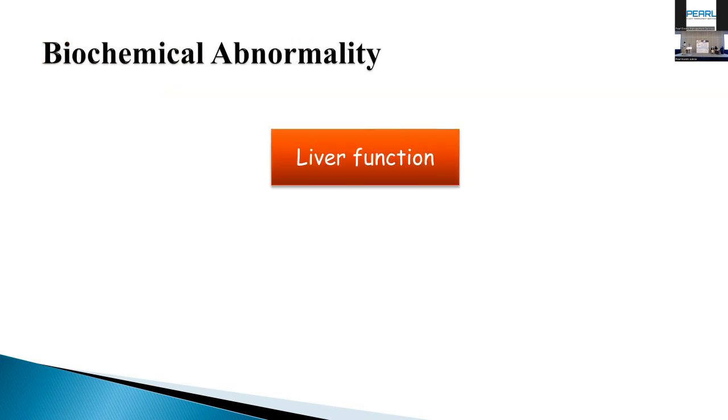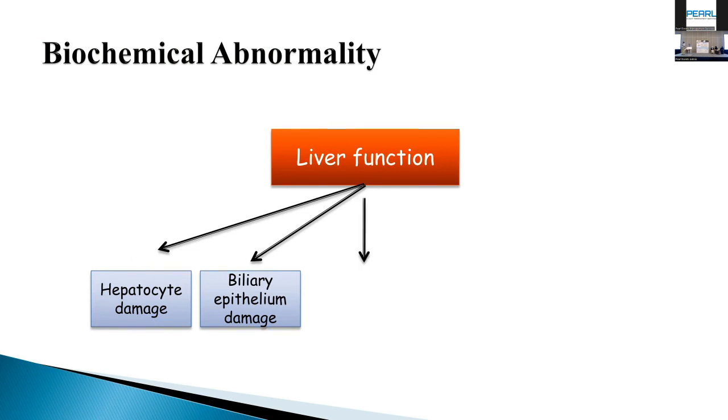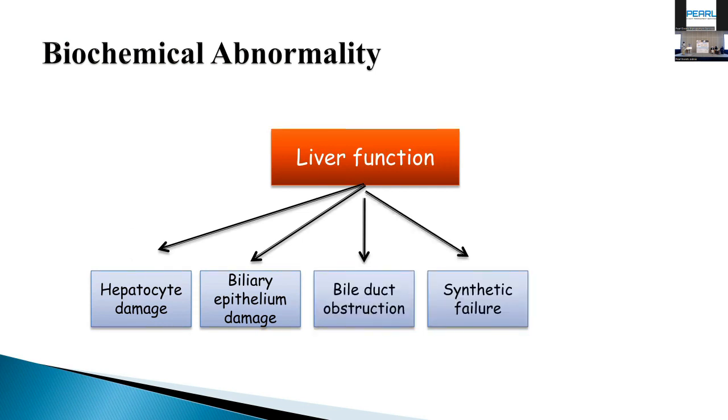So, liver function tests. There are a few enzymes which tell about your hepatocyte damage, a few enzymes which tell about your biliary epithelial damage and bile duct obstruction, synthetic function, and detox function.